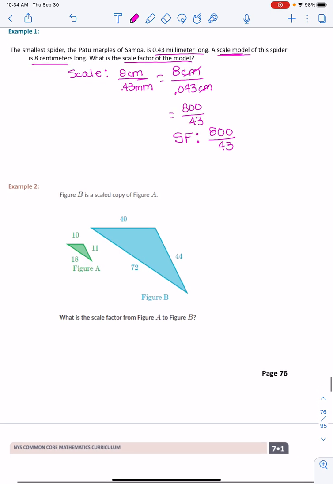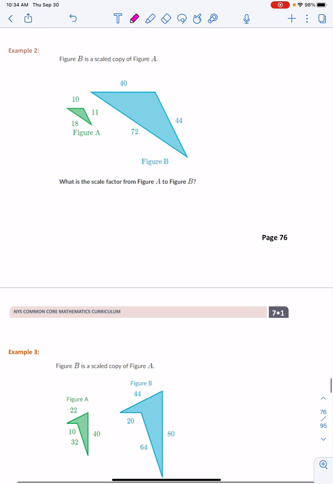So our next problem says figure B is a scaled copy of figure A. So scale, remember, is the scaled, and if you want to write it on the side, scale over actual.